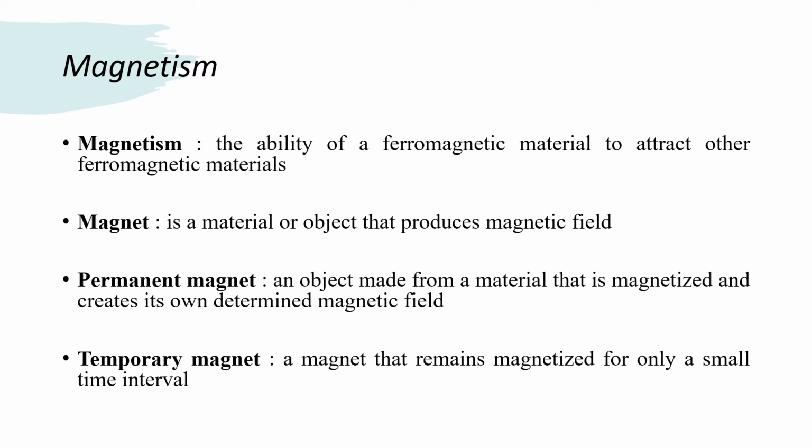A temporary magnet is a magnet that remains magnetized for only a small time interval. The latter type retains magnetic quality only as long as a magnetizing force is being applied.